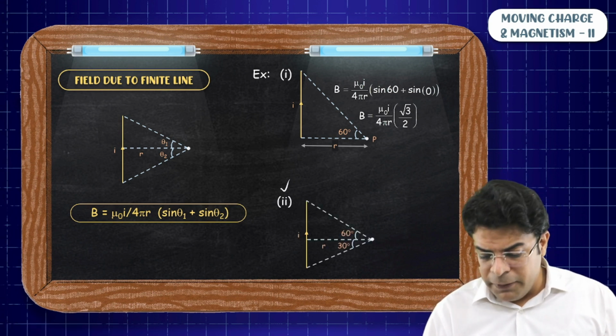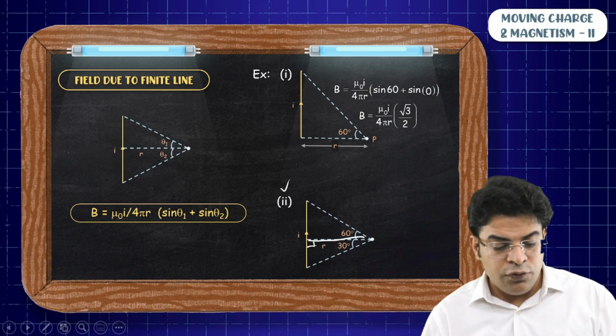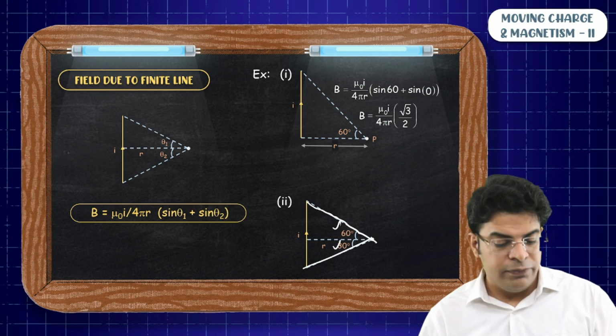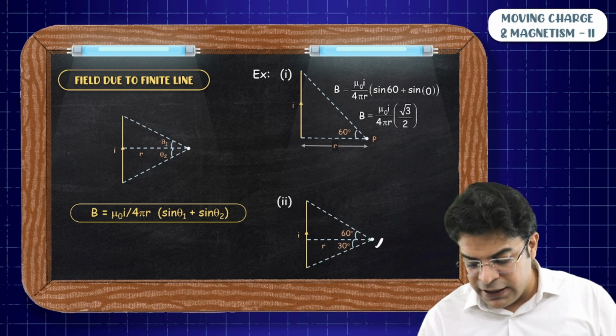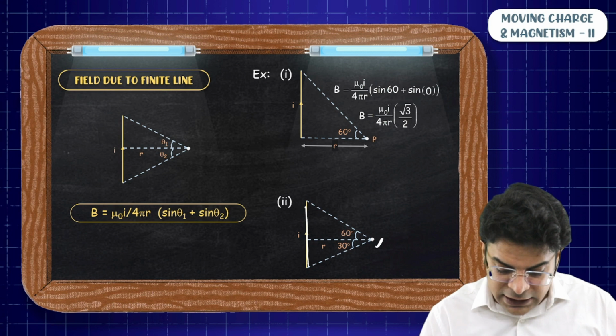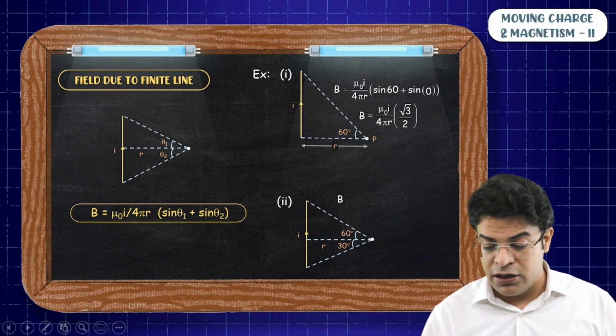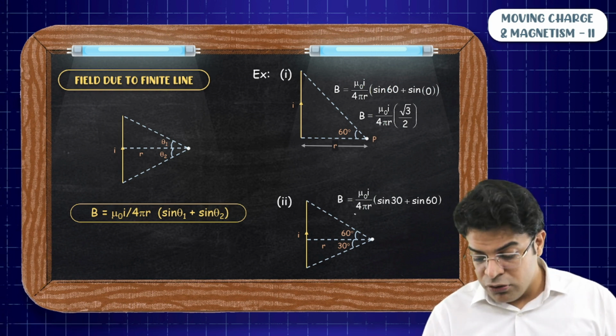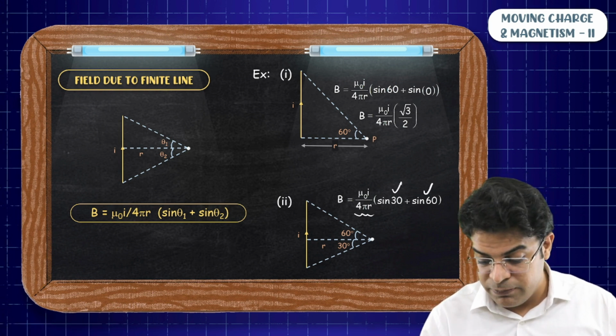If on dropping the perpendicular, you find the angle with both lines to be 60 and 30, you will say that the strength of magnetic field at this point due to this current carrying straight line will be nothing but mu naught I by 4 pi r (sin 30 plus sin 60).